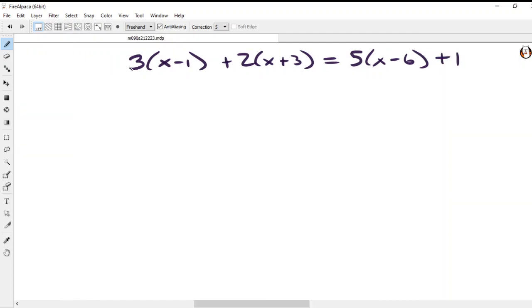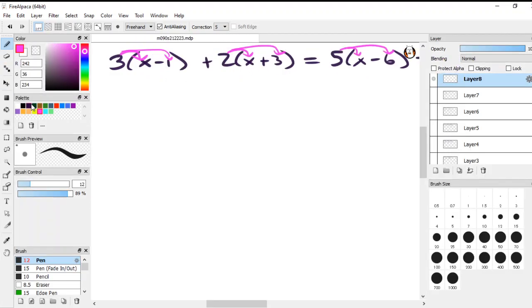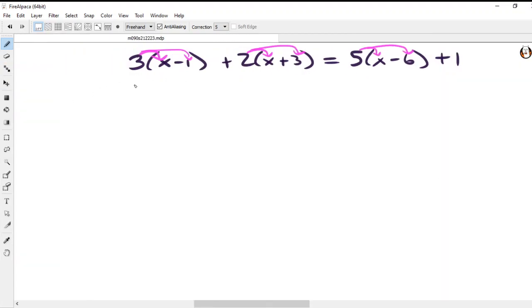So we'd have to say multiply and multiply, multiply and multiply, multiply and multiply. And this would give us 3x minus 3 plus 2x plus 6 is equal to 5x minus 30 plus 1.